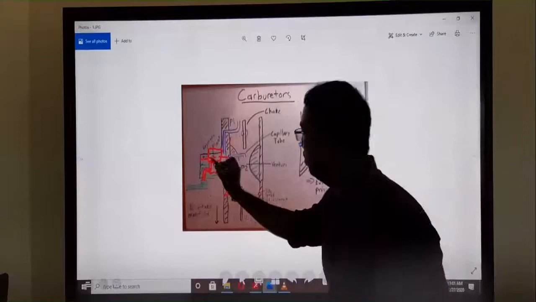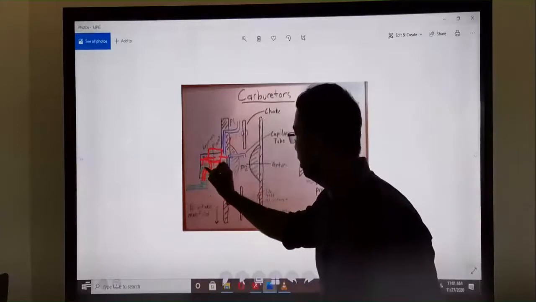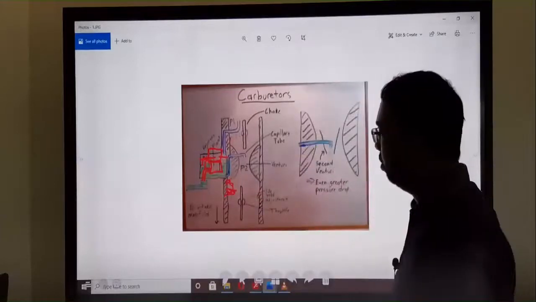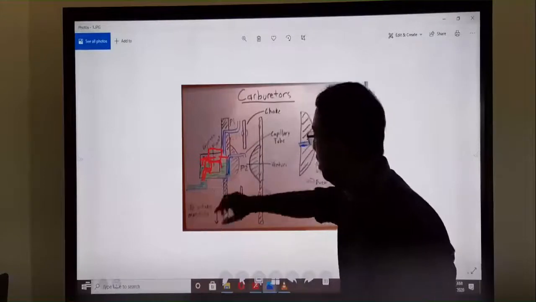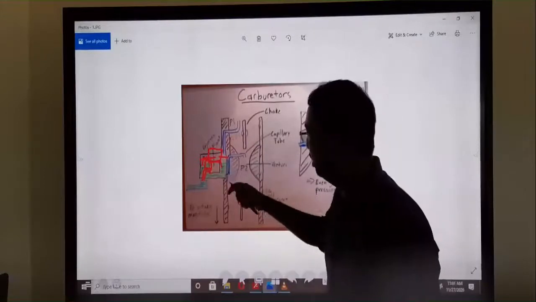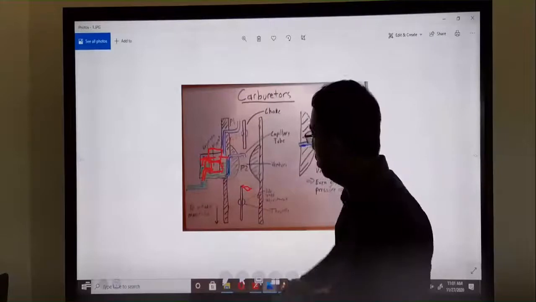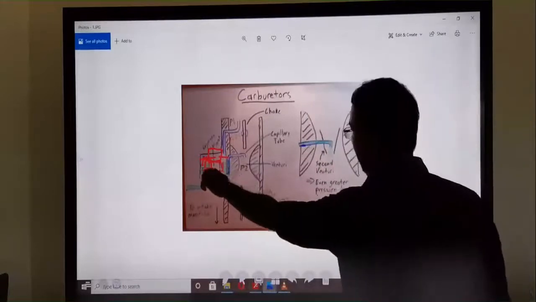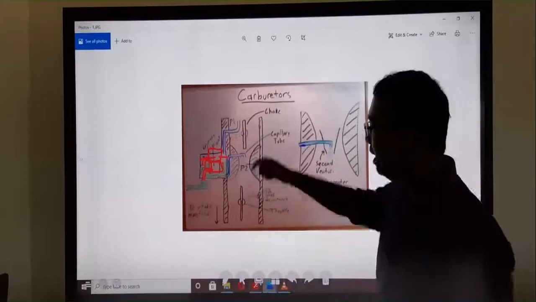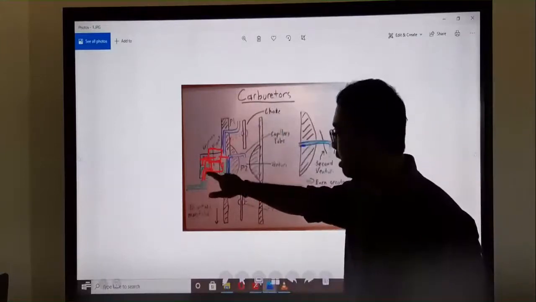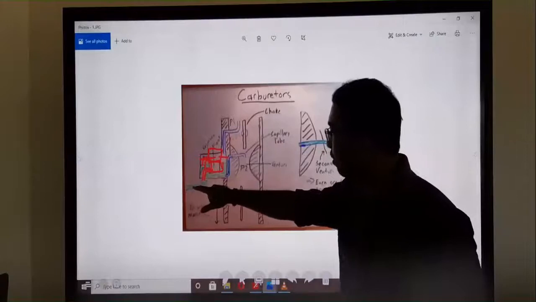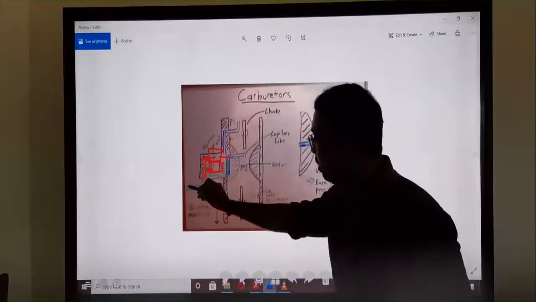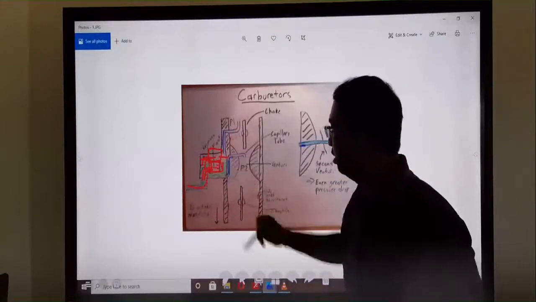If it goes upward, there is no connection between this pipe and the floater. If the fuel level is reduced, the floater comes downwards, so the connection is completed and the fuel comes through like this.